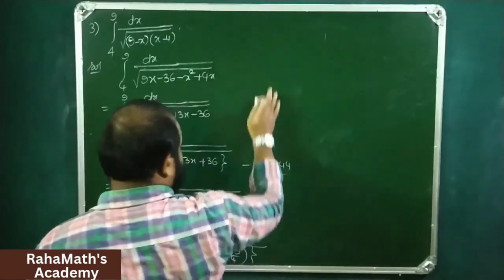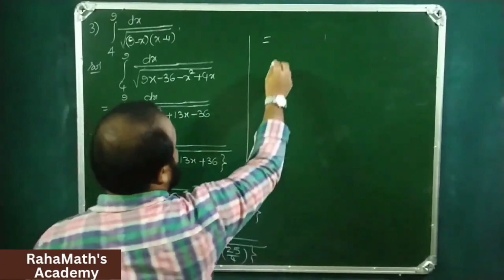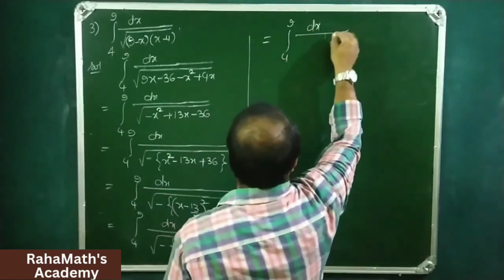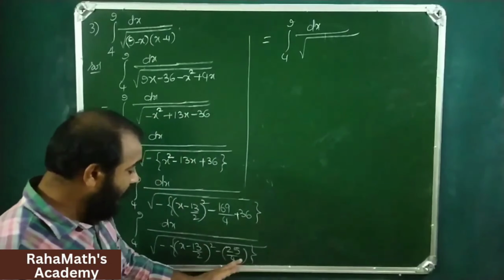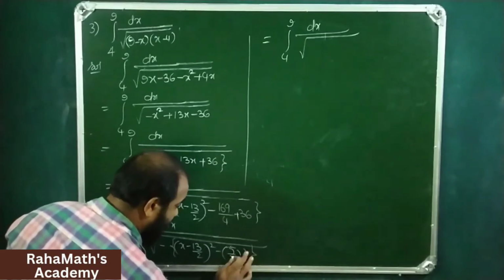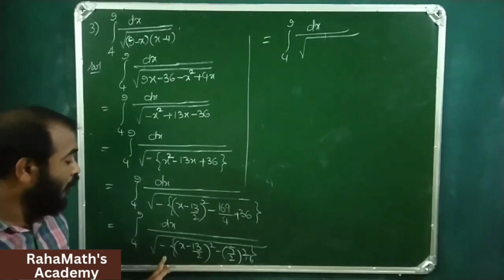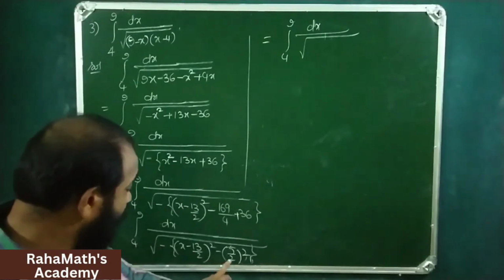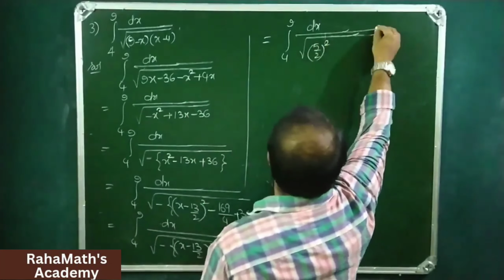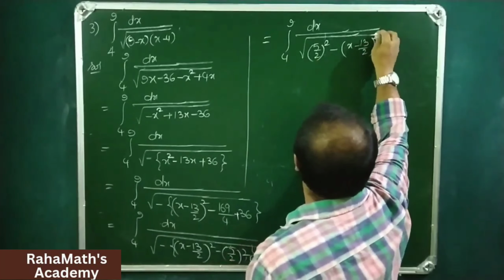This is equal to integral 4 to 9 dx by square root of 25 by 4, which can be written as 5 by 2 whole square. Now, since minus has been taken common, this time you multiply with a minus inside. So minus into minus plus. So 5 by 2 whole square minus x minus 13 by 2 whole square.